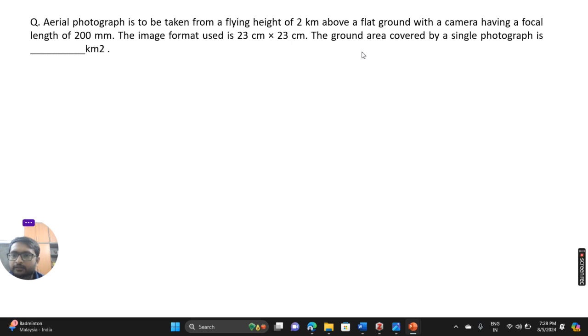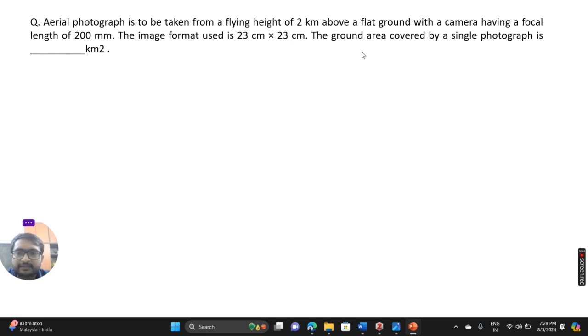Now we have the next question: an aerial photograph is to be taken from a flying height of 2 km above a flat ground with a camera having a focal length of 200 mm. The image format is 23 centimeter by 23 centimeter. What is the ground area covered by a single photograph?